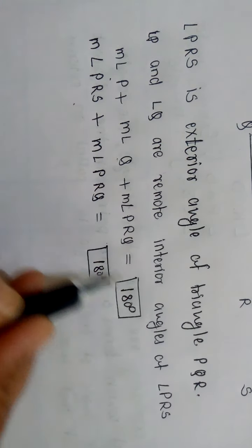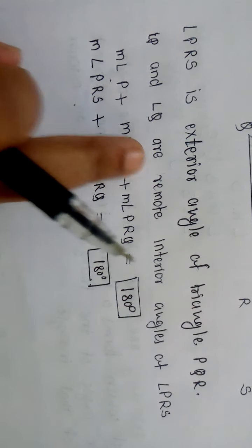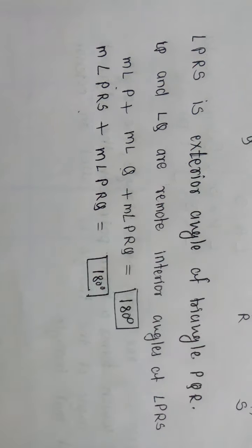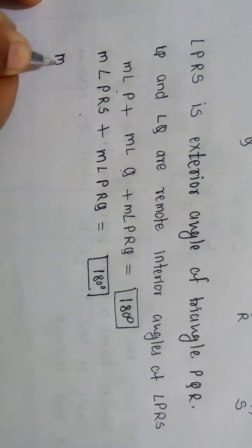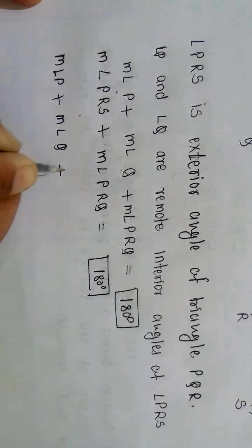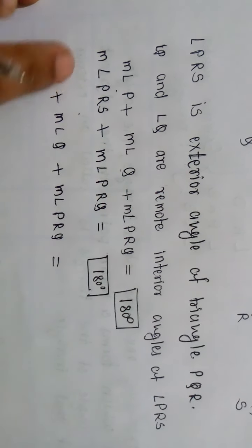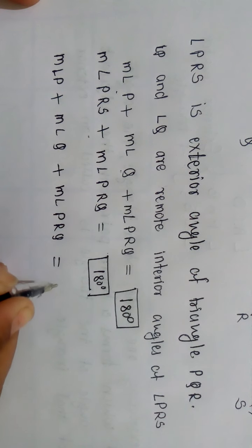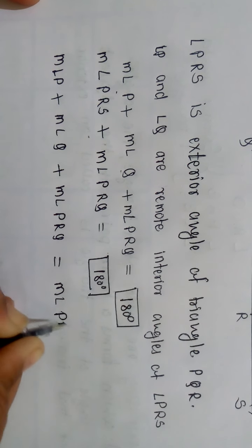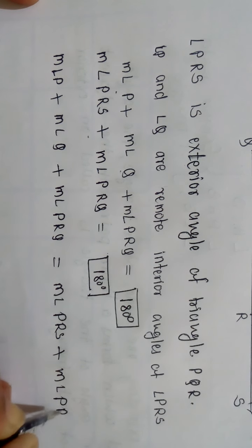So the left side is equal to the right side. Means we can write measure of angle P plus measure of angle Q plus measure of angle PRQ is equal to measure of angle PRS plus measure of angle PRQ.